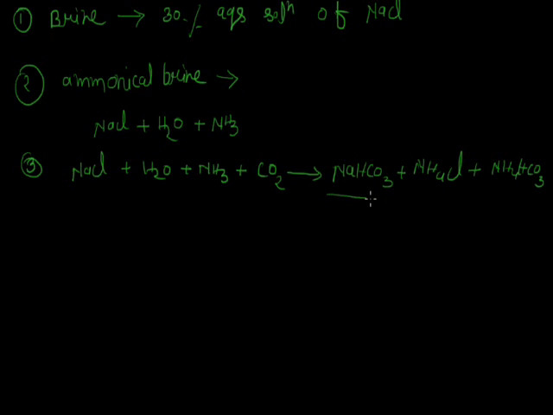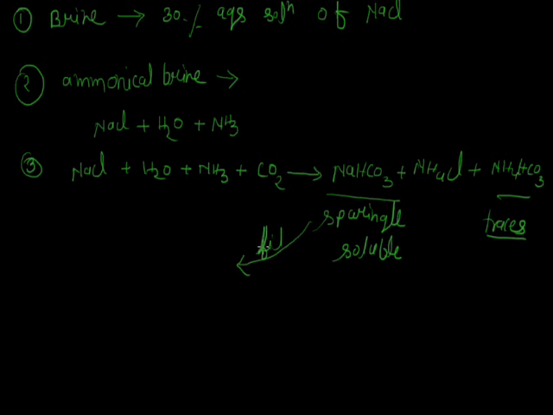Here the sodium bicarbonate is partially soluble or sparingly soluble, and ammonium bicarbonate forms in trace amounts. By filtration we can separate sodium bicarbonate, so we obtain sodium bicarbonate in the third step.